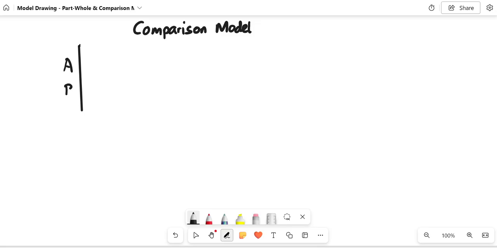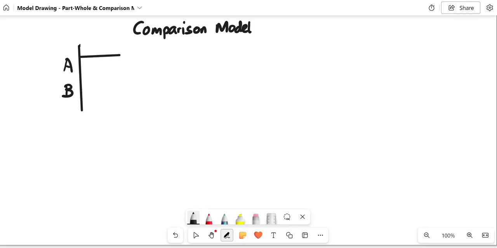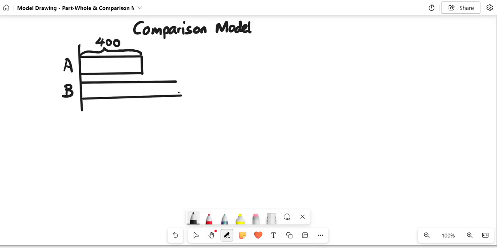So you might be given two items, two subjects, right? So A, for example, class A collected 400 bookmarks. Class B collected 600 bookmarks.